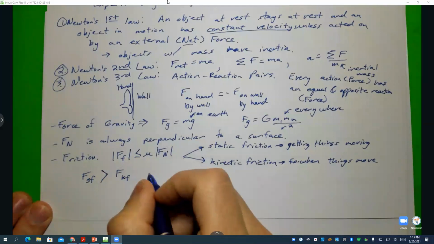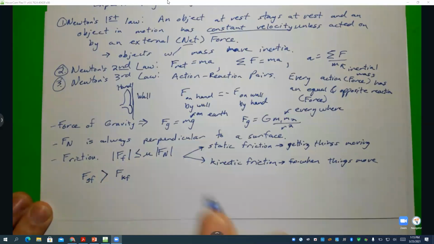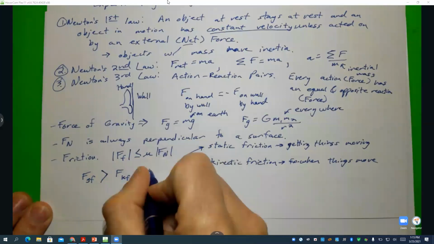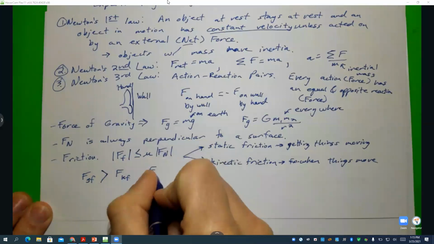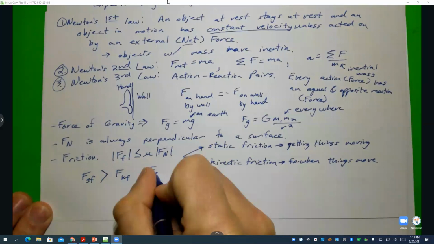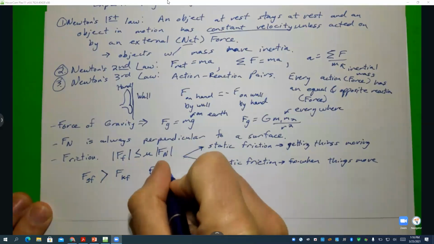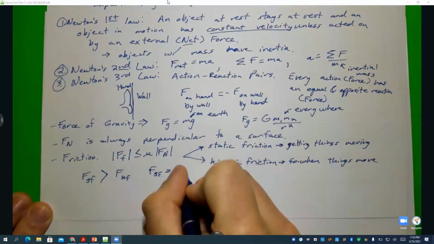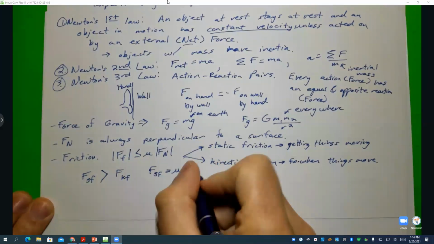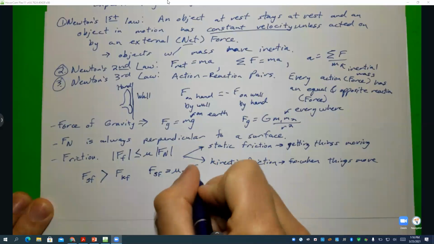Also, because of this, the force of static friction is going to equal mu static friction times normal force.